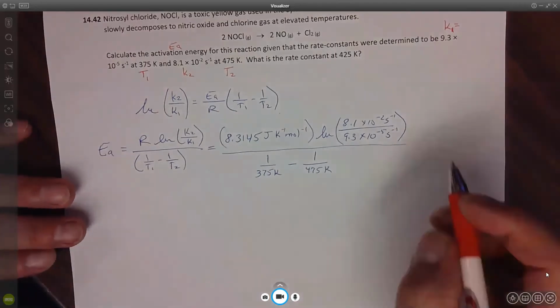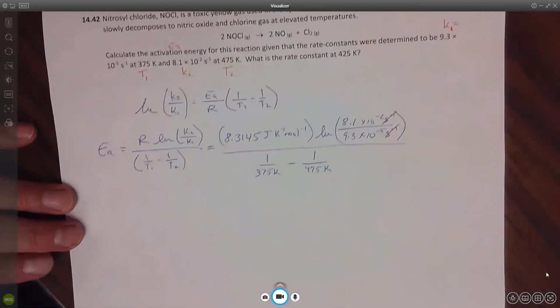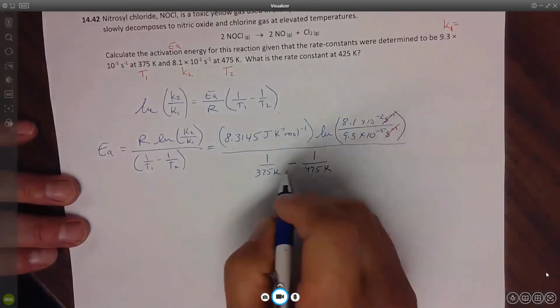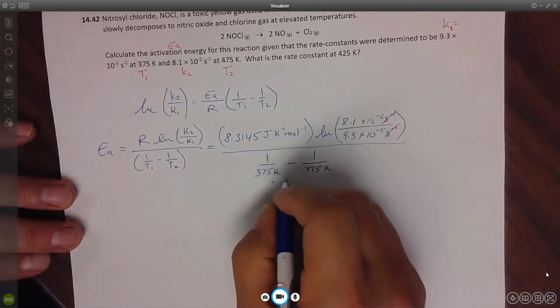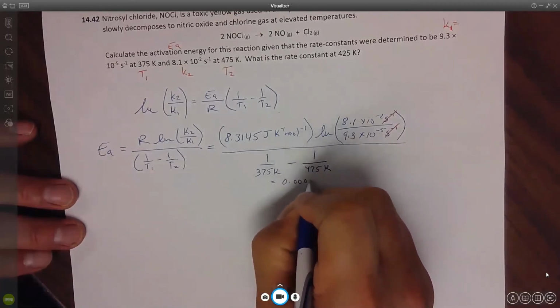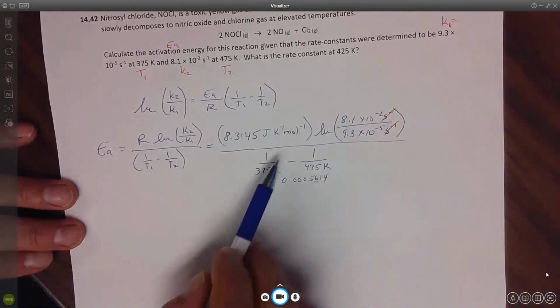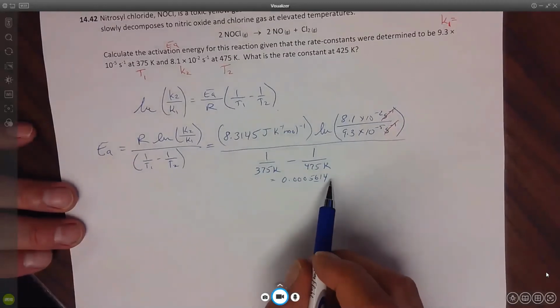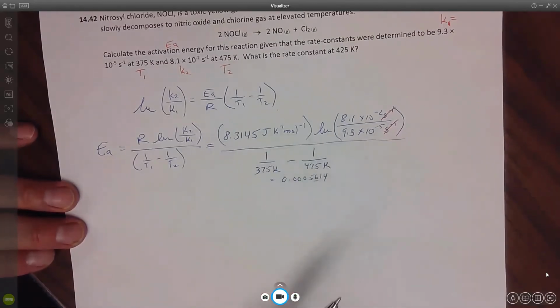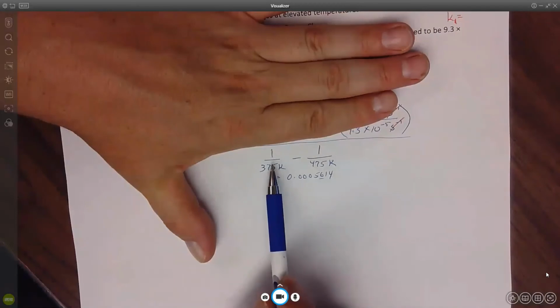Now, as far as units are concerned, this is going to cancel. This denominator portion is going to end up being 0.0005614, with 2 sig figs, whenever you do everything you need to do. And what are the units going to be after I take this minus this?